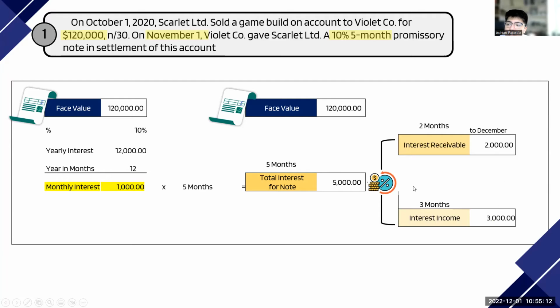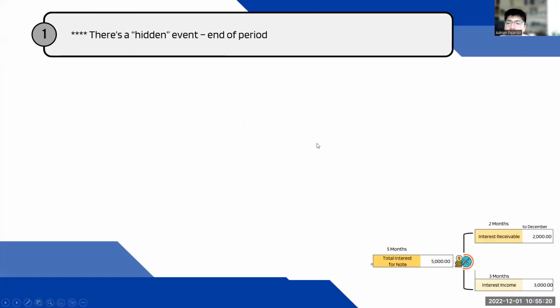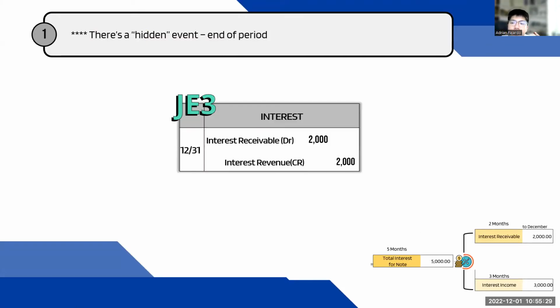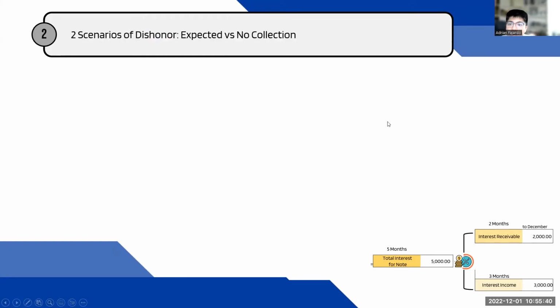If you add both of them, it makes sense. 2,000 plus 3,000 would be 5,000, the total interest for the note, right? So with that in mind, there is a hidden event, which is the end of the period. So we should also have a journal entry: debit interest receivable, credit interest revenue of 2,000.